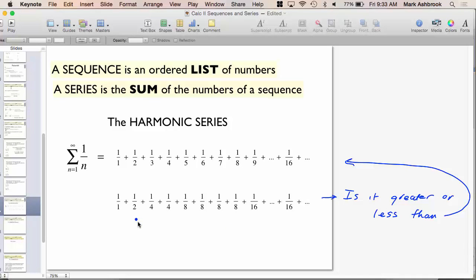So now look at this. In this new sum, this is 1/2. What's 1/4 plus 1/4? 1/2. What's 1/8 added together 4 times? 1/2. What's 1/16 added together 8 times? 1/2.